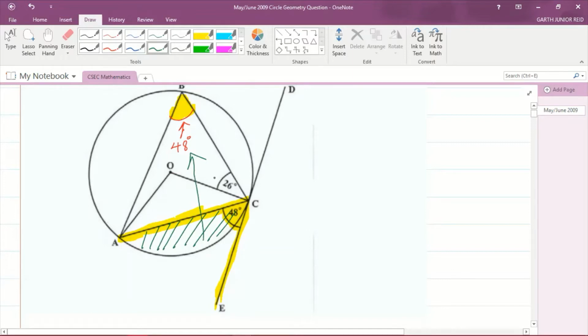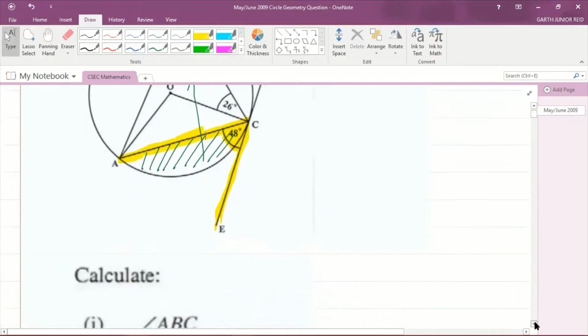So our angle ABC is 48 degrees, and the reason is because the angle ACE, which is the 48 degrees, is between the tangent DCE and the chord AC. Because this angle 48 degrees is between the tangent and the chord, it is equal to the angle in the opposite segment. The angle in the opposite segment is the angle ABC, which is 48 degrees.